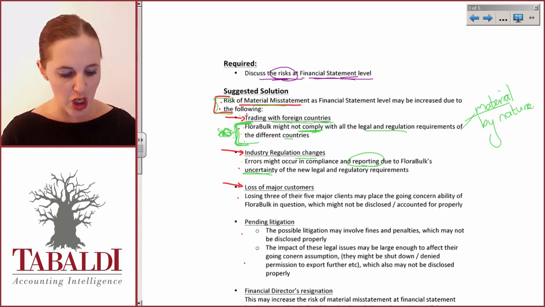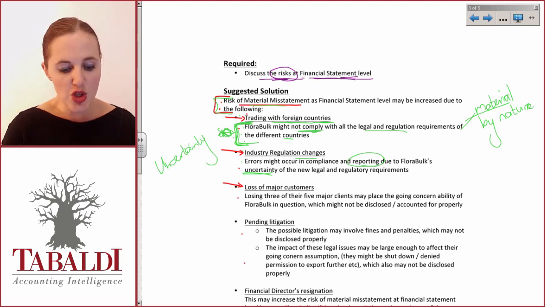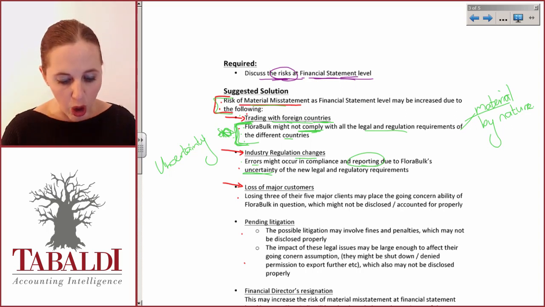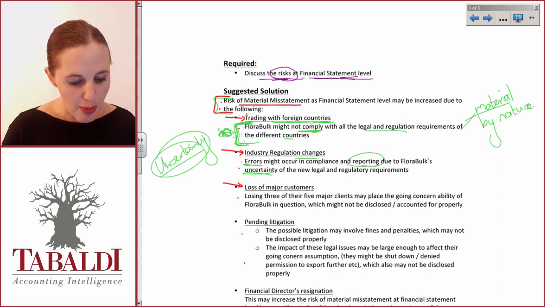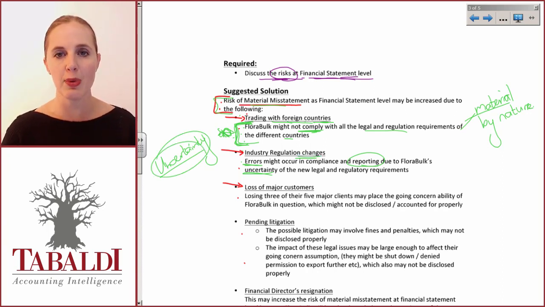The problem with change is always uncertainty. It's new and I don't know what it is. Anything that's new is more likely to have an error because people don't know what they're doing. When something's new, there's a transition. That's the problem. Don't just tell me there's a risk because something's changed. What impact does that have? 1, there's a possibility that you might battle with compliance because you don't know what you're doing.